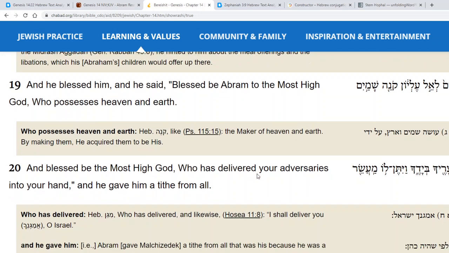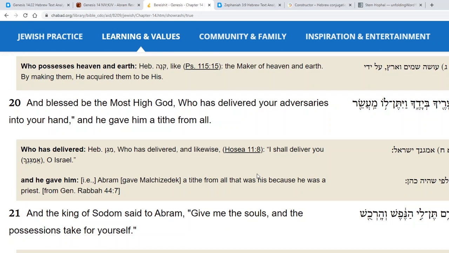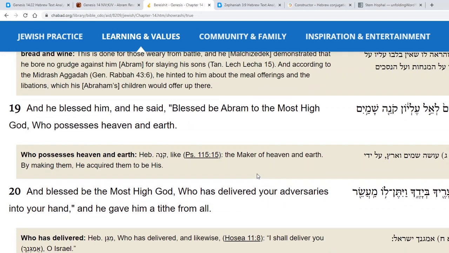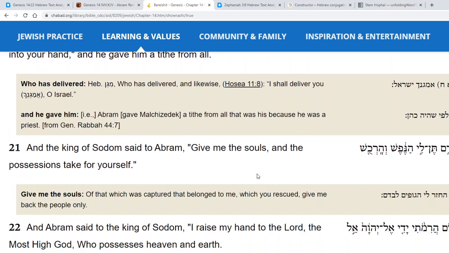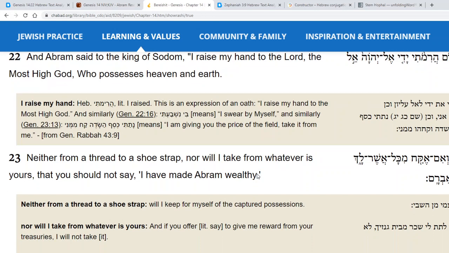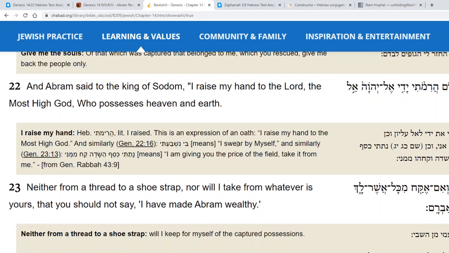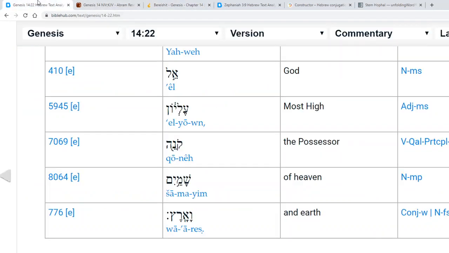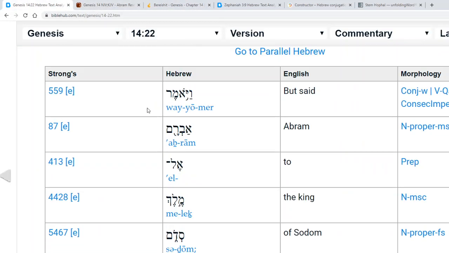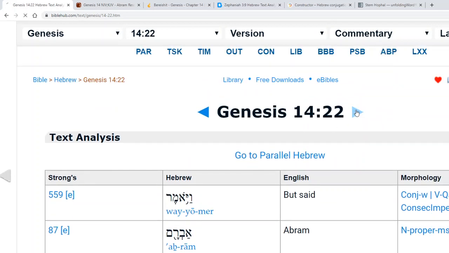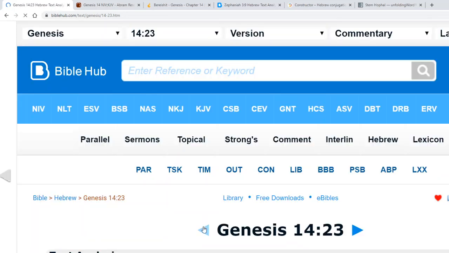the possessor of, and Koneh is as usual written without the vav as normal. I was just checking to see if that was the case in both times.